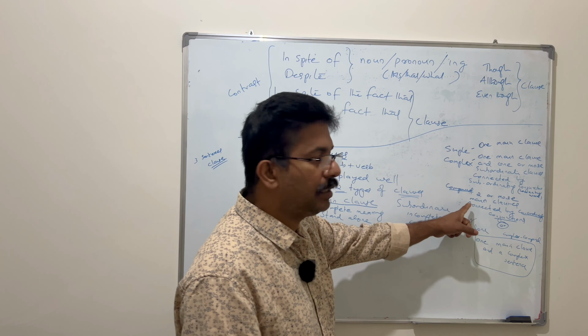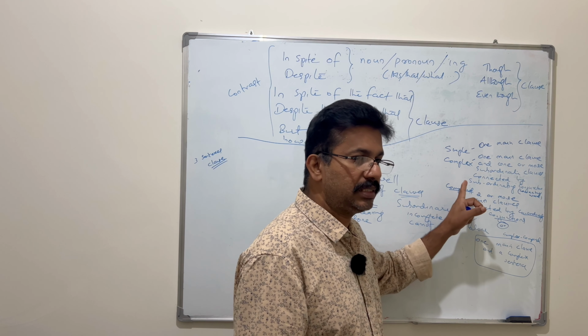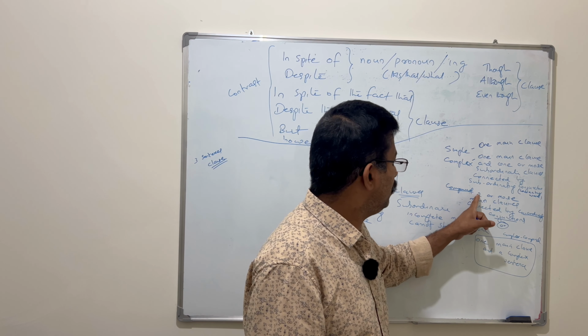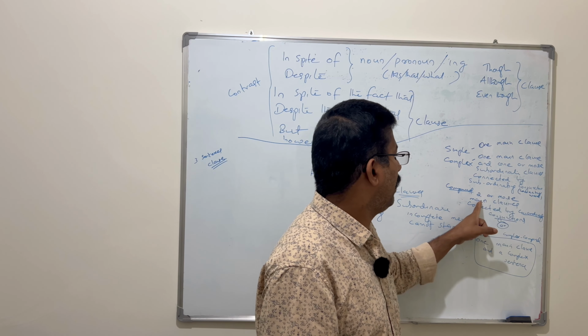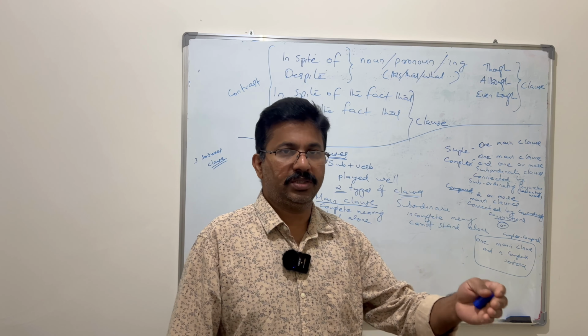A main clause can stand alone because it has complete meaning. Two or more main clauses must be connected, they can't just be separate. They can be connected by coordinating connecting words.